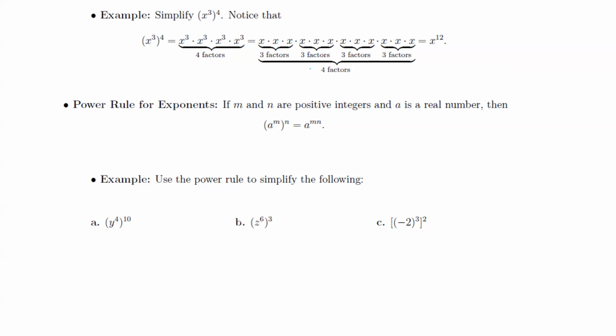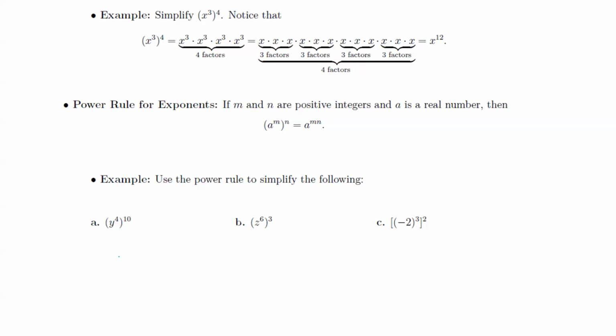So you can easily see that there's a total of 12 x's multiplied together. But what we've done is we've made groups of 3 factors, and then there's 4 of those. So 4 times 3 is 12. So that means that when you have a power raised to a power, all you're going to do is multiply the two exponents together.